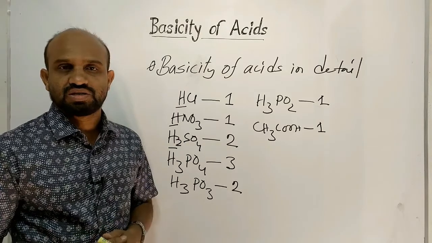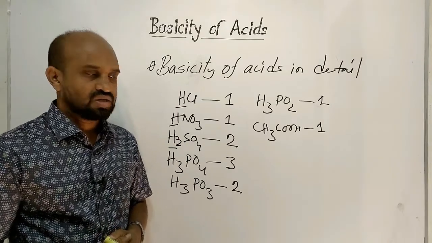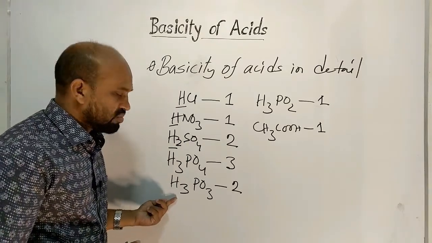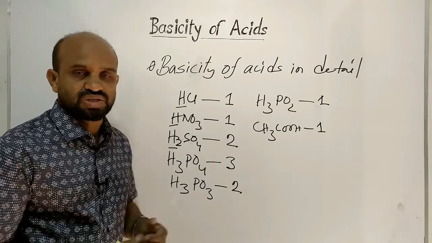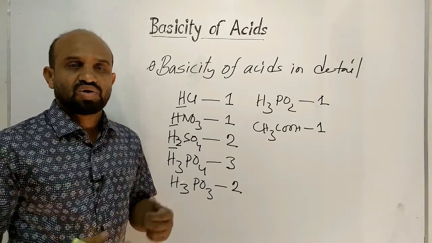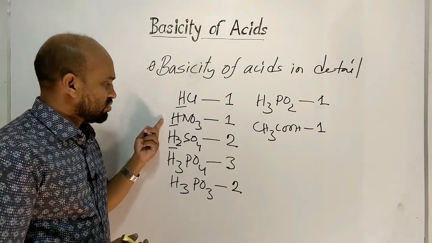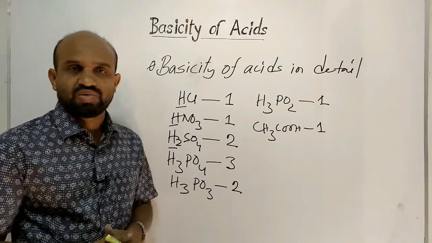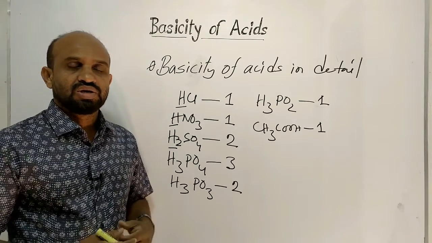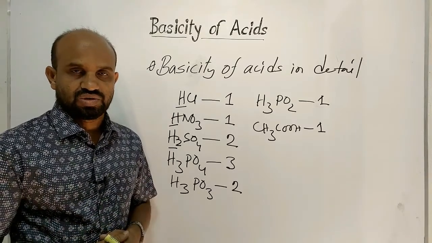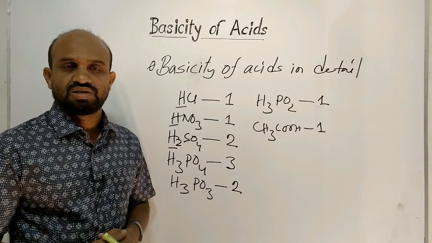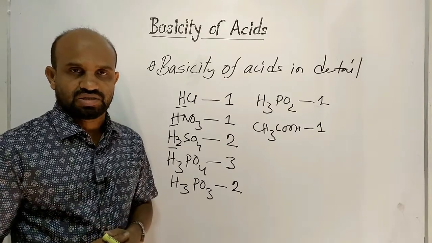This is basicity of a particular acid. The number of hydrogen atoms present in the molecule is not the matter. The matter is the number of ionizable hydrogen atoms or replaceable hydrogen atoms. This is the basicity of an acid.